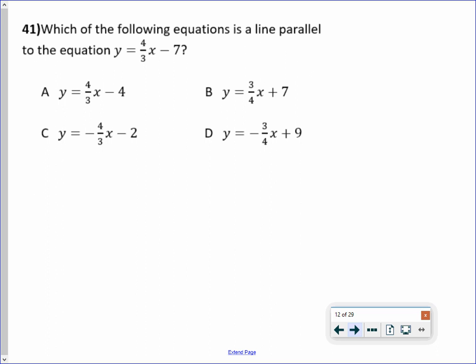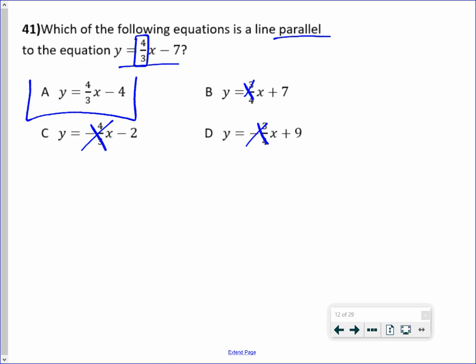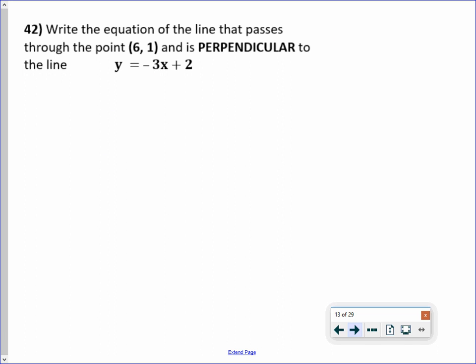All right, for number 41, this is a pretty easy question, because it says, what is the line that is parallel to this equation? So the slope of that is 4/3. So that's -4/3, that's 3/4, that's -3/4. The only line with the same slope is 4/3, is A, sorry.